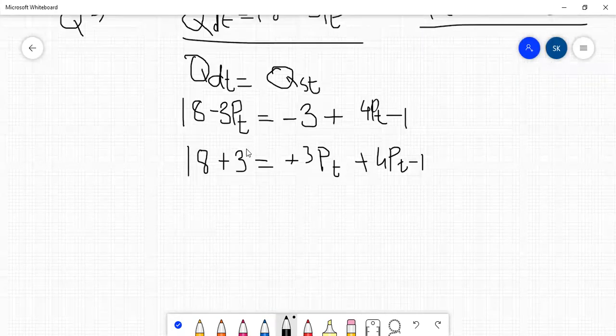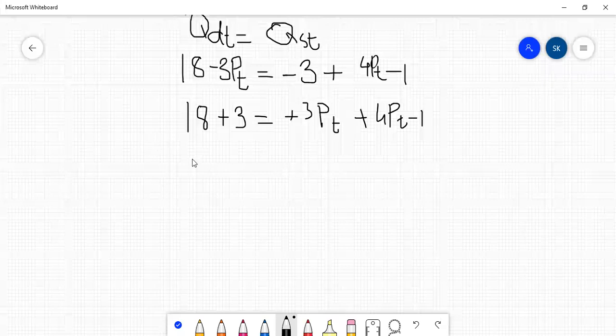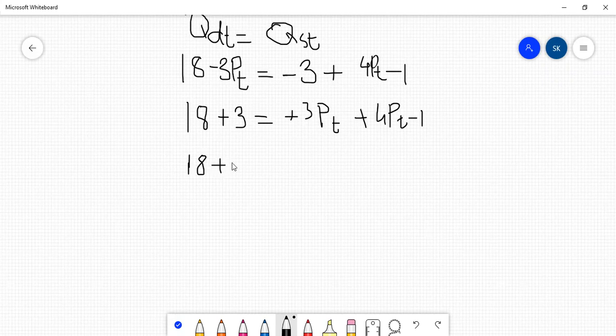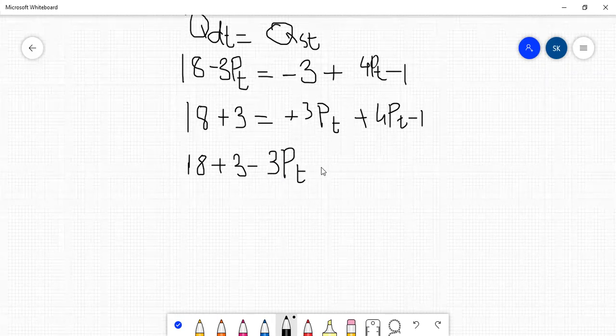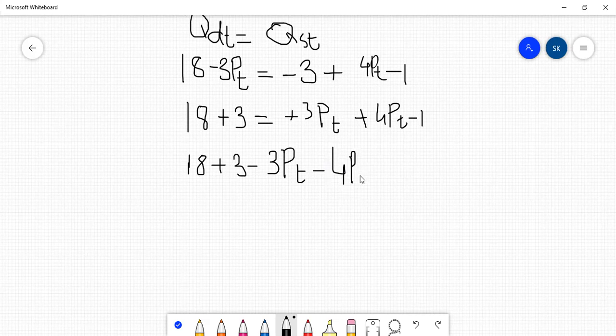Therefore, it can also be written as 18 plus 3 minus 3pt minus 4pt minus 1 is equal to, now it should be put equal to 0.